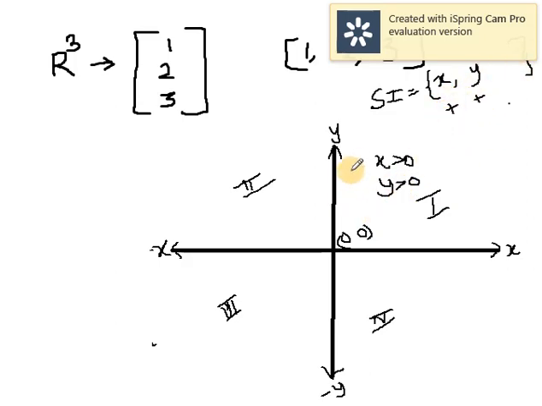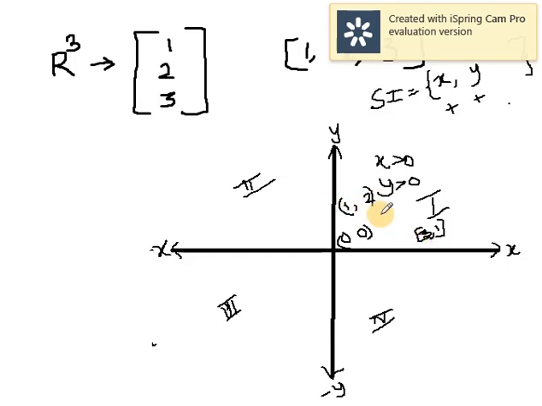So let's take two points, say 1, 2 and 3, 1. When we consider these two points in the first quadrant, of course, as the first quadrant itself is the subspace, they belong to that subspace.